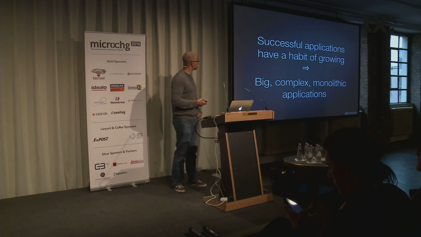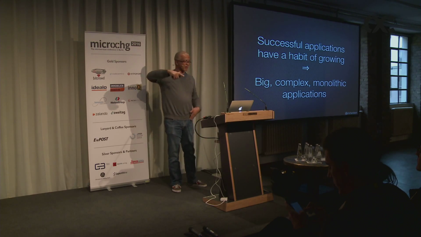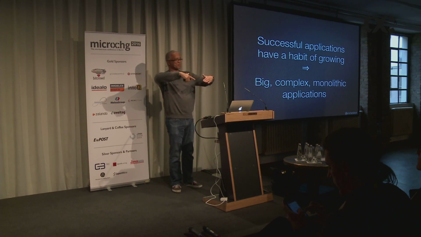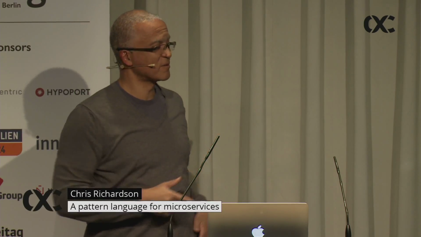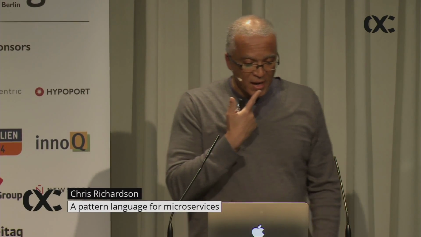And the trouble you have with applications that are getting that big, it's not quite clear where it starts to go bad. At one point I thought it was a million lines of code, but then I've talked with people who have had issues with 50,000 lines of code, right?